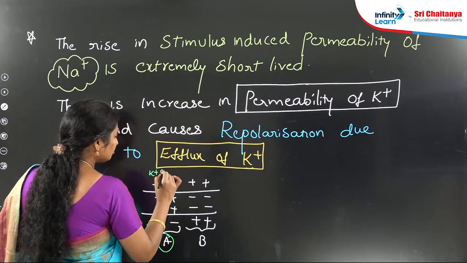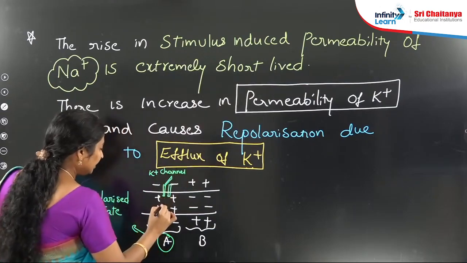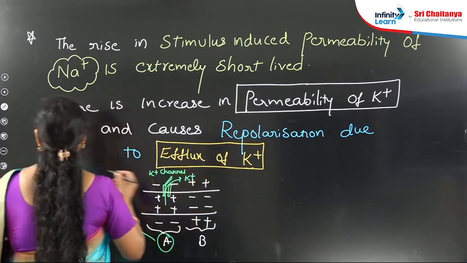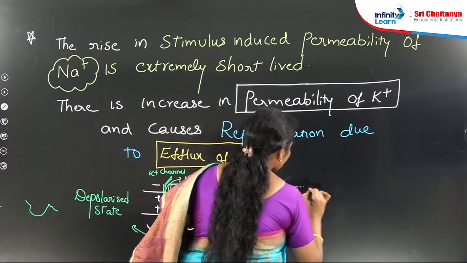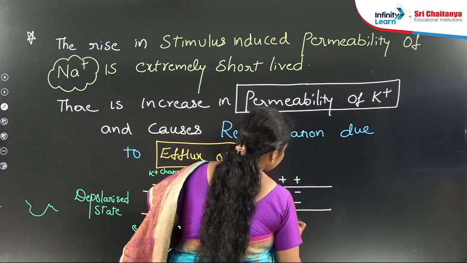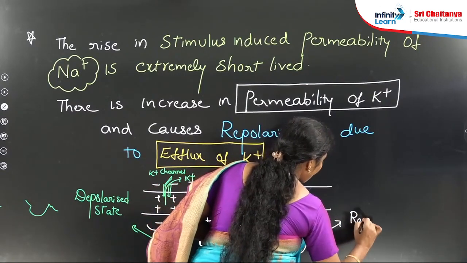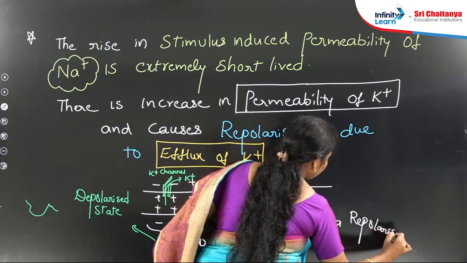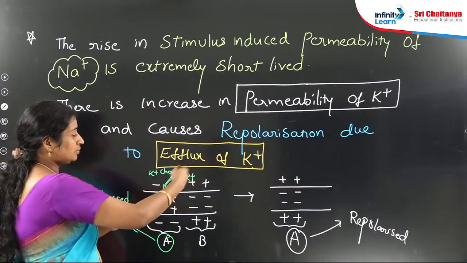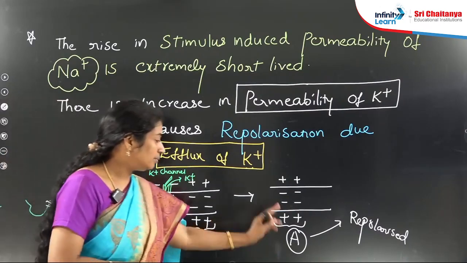This potassium channel opens after some period, so that it results in movement of potassium out. Because of potassium out, the A site will become normal, because of efflux of potassium ions from inside to outside. So the A site has become repolarized here.